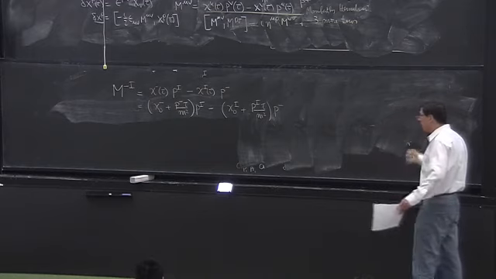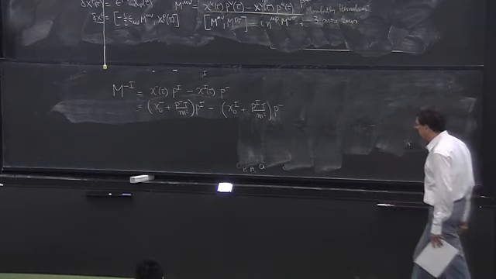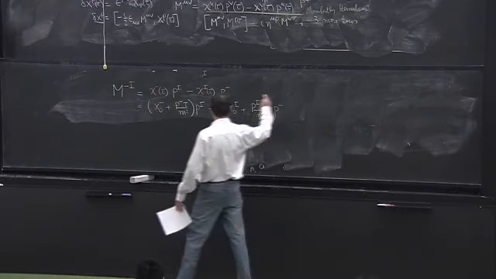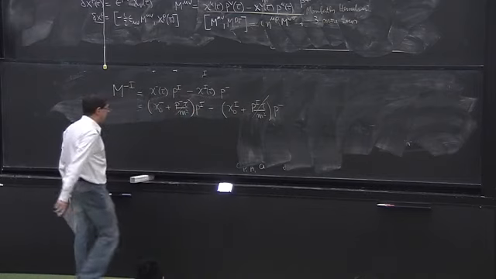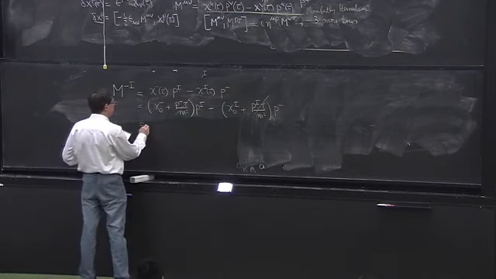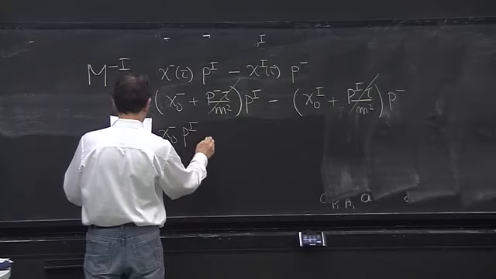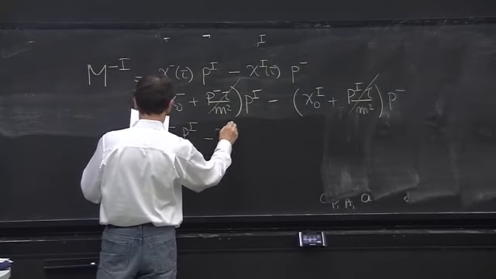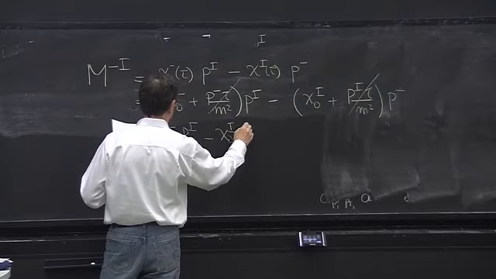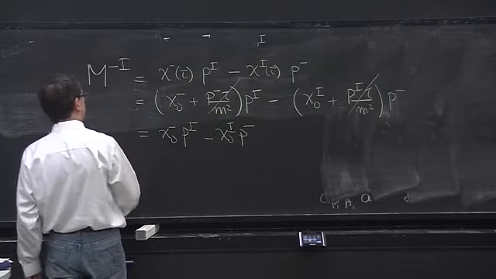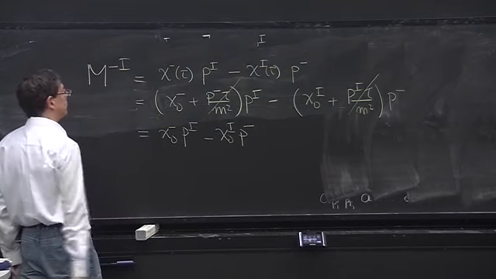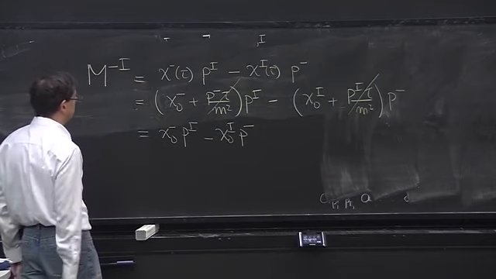And p minus, you know what it is. It's a formula in terms of p plus. Well, these two terms cancel because p minus and p I commute. That's nice. It's simple. x0 minus p I minus x0 I p minus. And, well, it looks so good. We should have trusted our intuition that this is right.